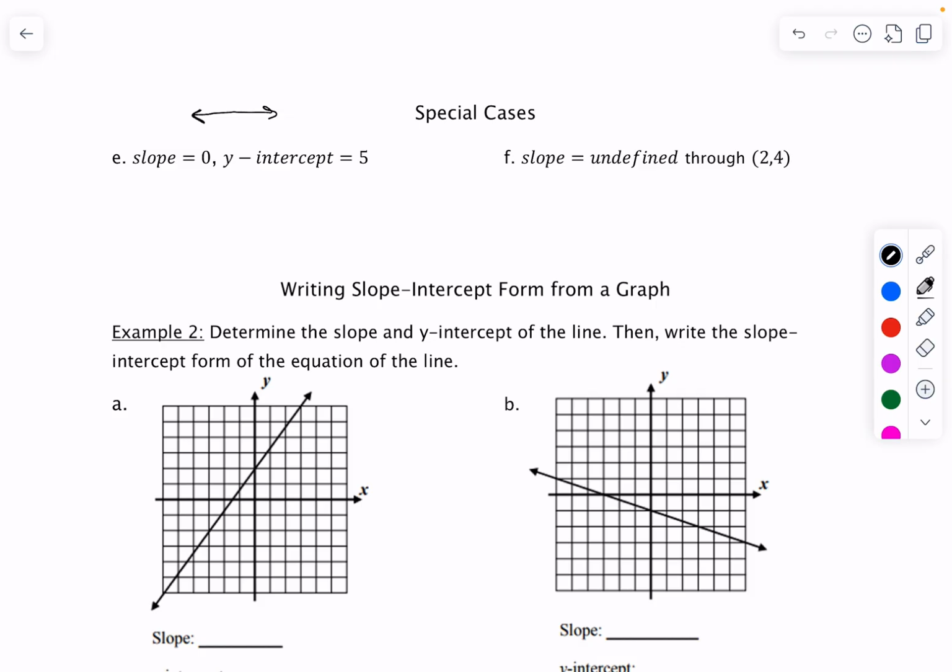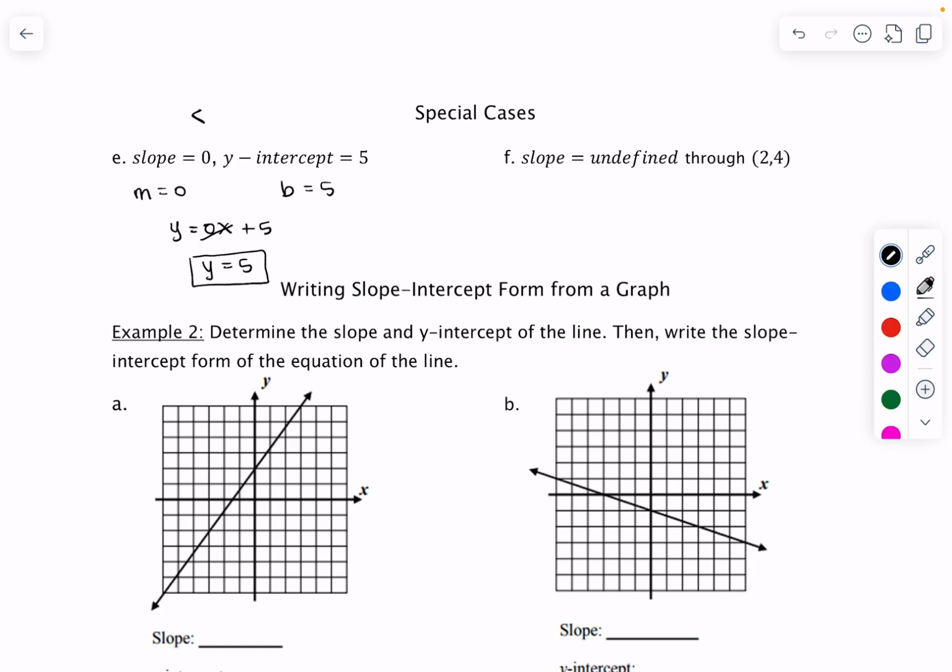Now, if I have a slope of 0 and that's my m, so m equals 0, b equals 5, I'm going to have an equation that's y equals 0x plus 5. Well, if we look at that 0x, 0 times anything is 0. It goes away, and I'm just left with y equals 5. The x went away. Okay, that's going to be a horizontal line at 5 when y equals 5.